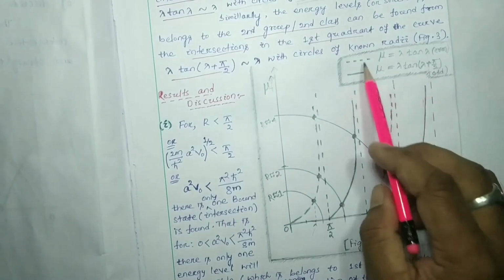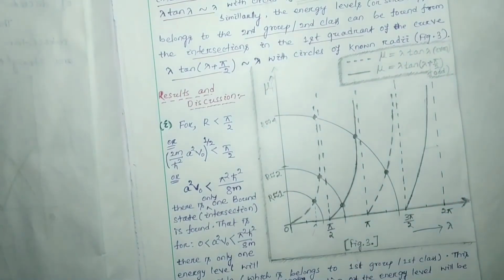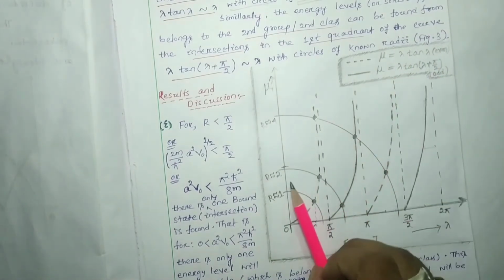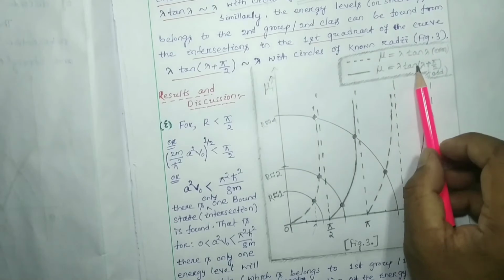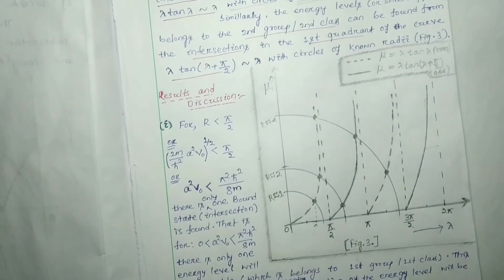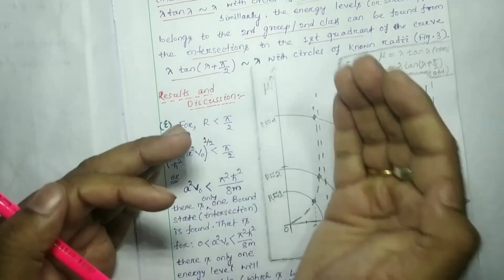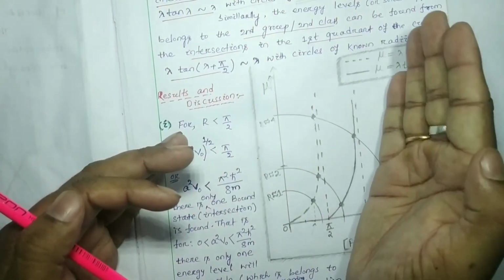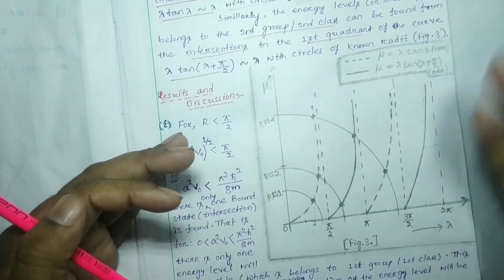We can find this from the equation mu equal to lambda tan lambda, or mu equal to lambda tan lambda plus pi by 2 for even. So I suggest that all of you draw this figure by considering what I explained. That means this one will be somewhat curved, and this is somewhat straight, it is again straight, it is again straight. The straightness is enhanced. Okay.